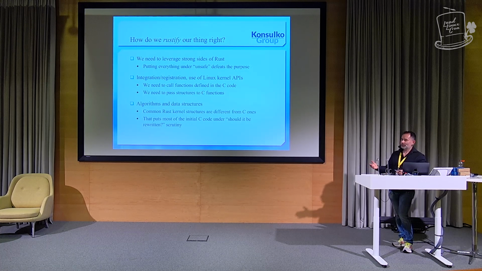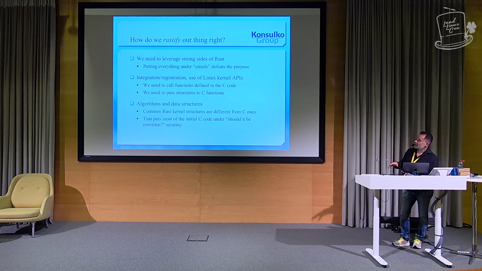We need to decompose it again in terms of used algorithms and data structures, and try to recompose it in the Rust way, because using C paradigms doesn't seem to work. The languages are too different. And that was one of the things that we discovered.